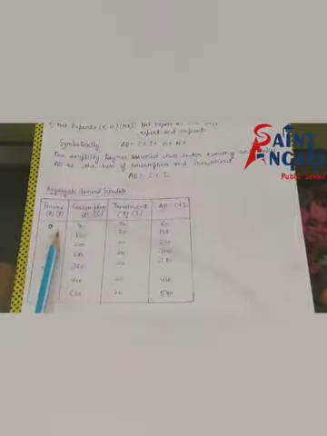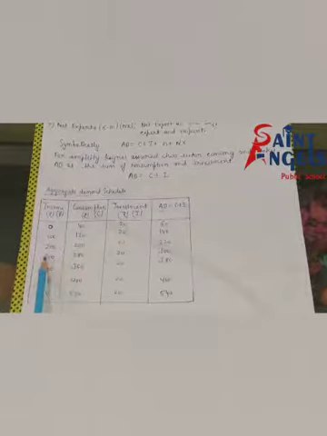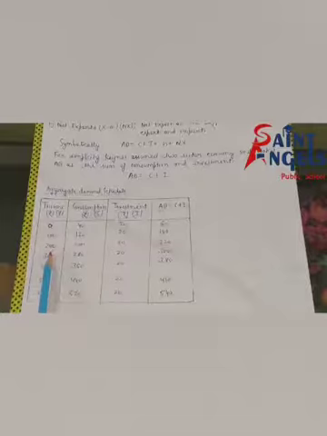The change in income here is 100. From 0 to 100, 100 to 200, again 100, so the change is 100. From 200 to 300, income again changes by 100. I hope all of you have understood.